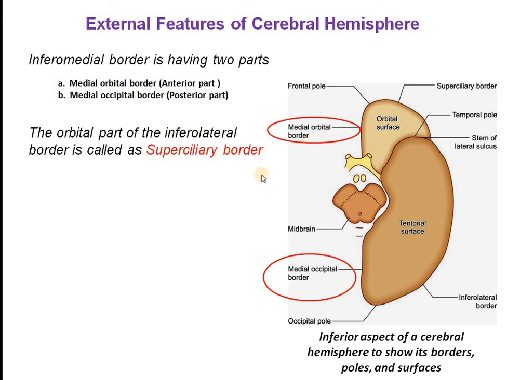The orbital part of the inferior lateral border is called the superior ciliary border.